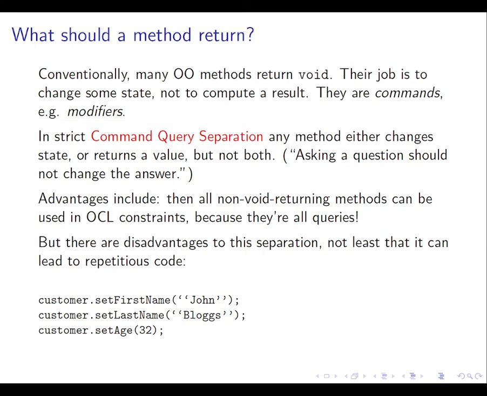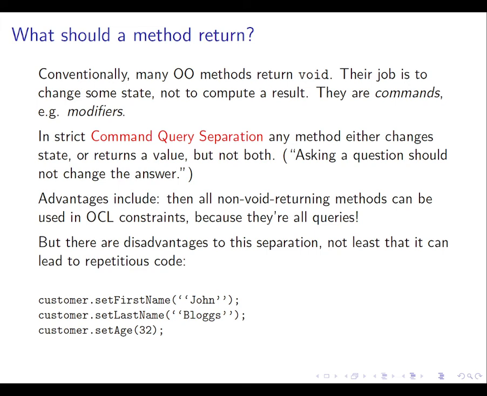So, a bit more generally, what should a method return? Conventionally, many object-oriented methods do return void, so their job is to change some state, not to compute a result. They're commands. For example, they're modifiers. They might be set methods, for example.